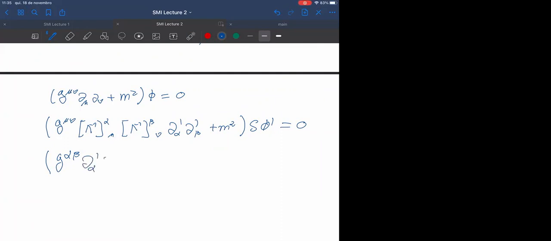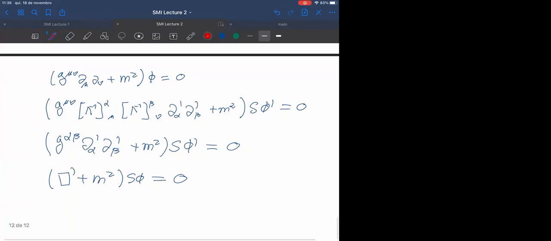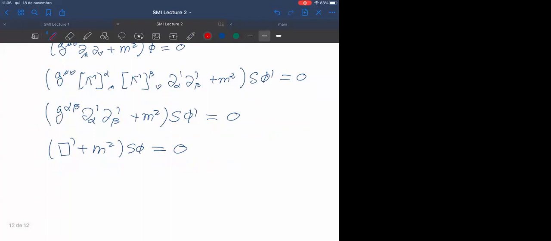So d alpha prime d beta prime plus m squared S phi prime equal to 0. Therefore, what we have here is the D'Alembert operator in the other reference frame plus m squared S phi equal to 0. So what is the condition for it to be covariant? This is the Klein-Gordon equation.